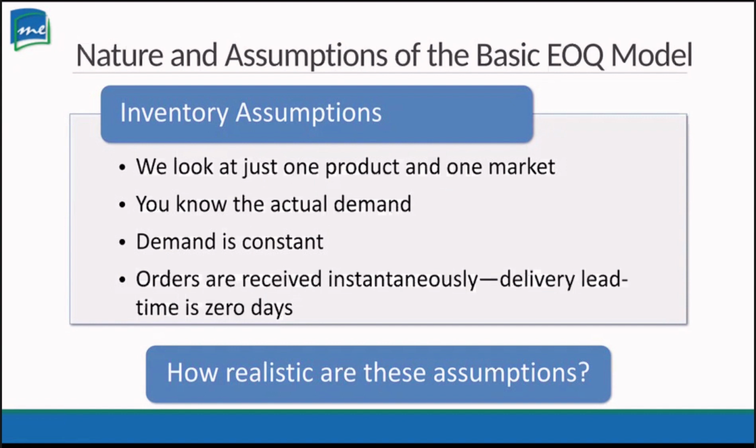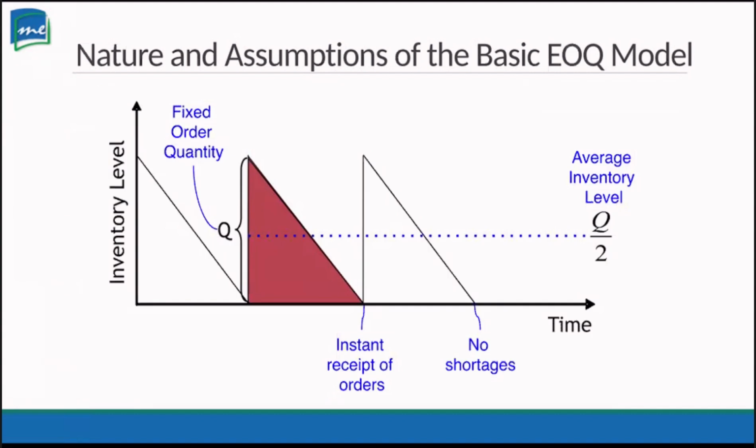So let's take a look with figures. In this picture, the vertical line represents the inventory level and the horizontal line represents the time. When you make an order, you will receive exactly that order. If you place an order here, you will receive the order immediately. And because the demand is constant, in every specific time period you need exactly the same units of demand.